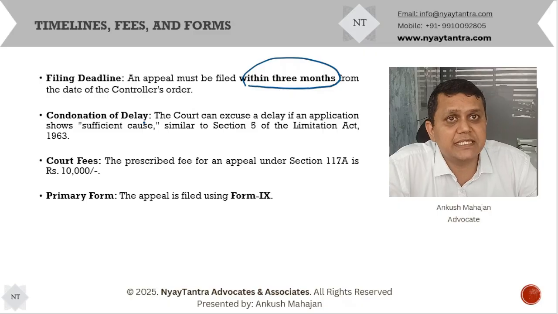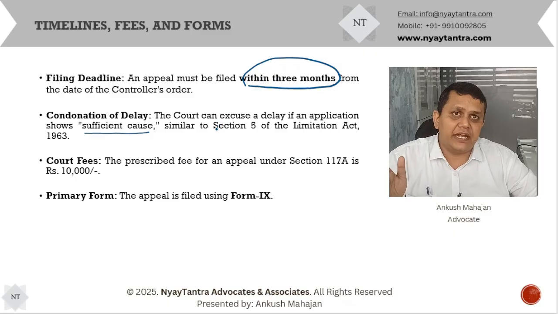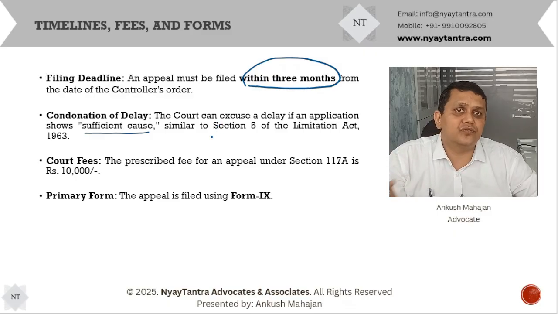And in case we are not able to file within the 3 months, then any delay beyond the 3 months must be accompanied with a condonation of delay application, which must disclose the sufficient cause, so that the Honorable High Court can consider that, oh yes, you were diligent, but because of the sufficient reasons as discussed in the condonation application, you were not able to file the appeal within the 3 months. So the additional time taken by you is condoned.